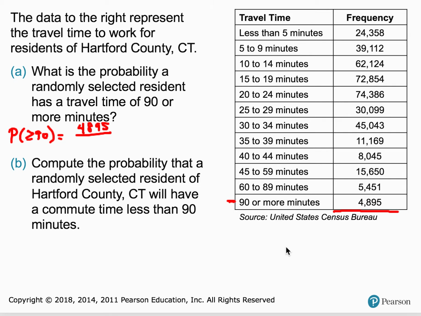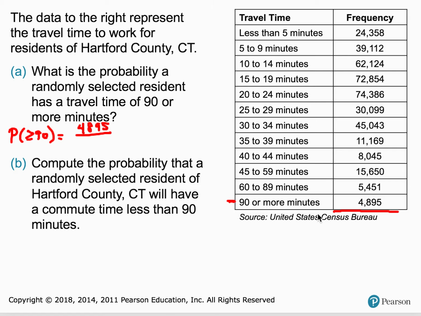24,358 plus 39,112 plus 62,124 plus 72,854 plus 74,386 plus 30,099 plus 45,043 plus 11,169 plus 8,045 plus 15,650 plus 5,451 plus 4,895.